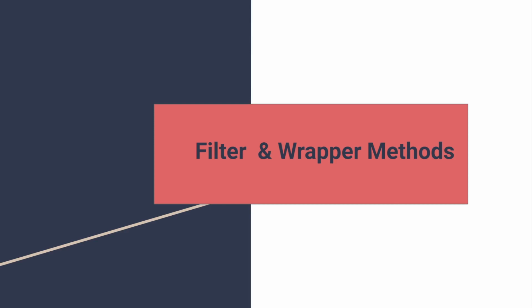Filter methods select features based on their statistical properties, such as correlation or information gain. In the wrapper method, feature selection is based on the performance of a subset of features. So I think you have an idea about subsets.